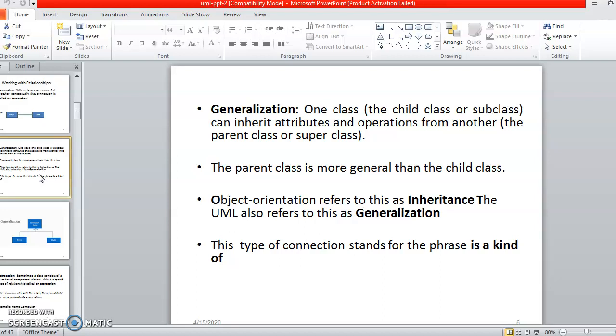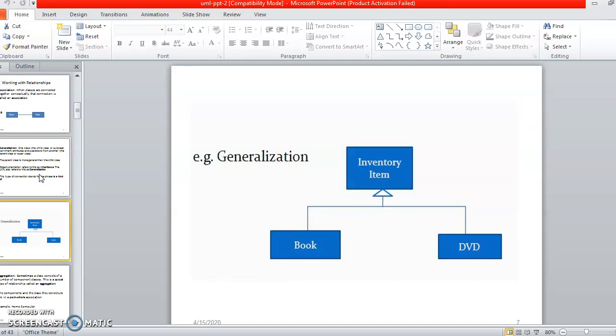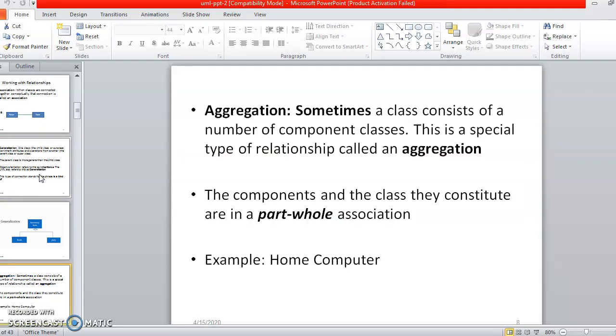The parent class is more general than the child class. Object orientation refers to this as inheritance. The UML refers to this as generalization. This type of connection stands for the phrase "is a kind of" relationship. This figure shows generalization.